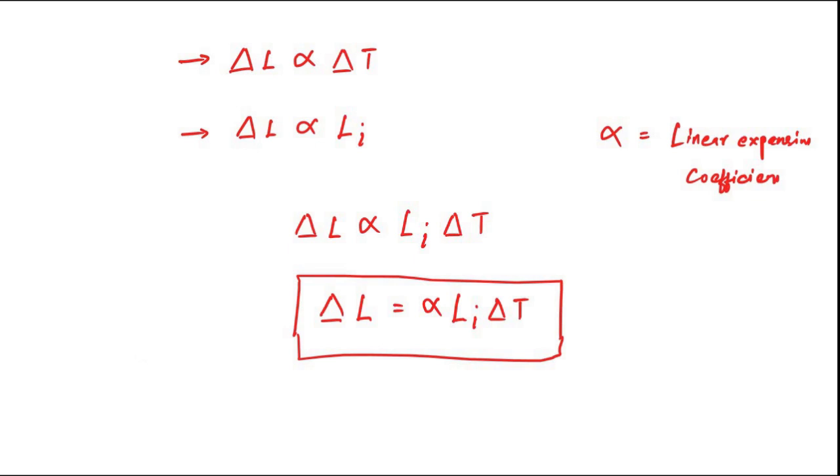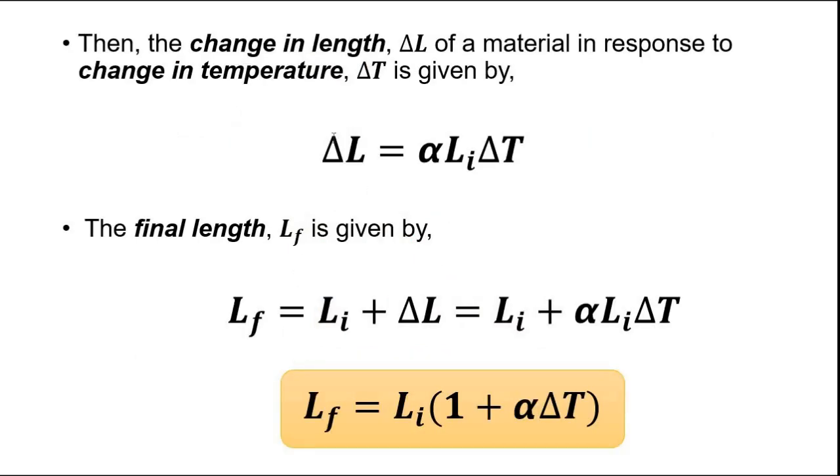The change in length is given by alpha Li delta T, directly proportional to the initial length, directly proportional to the change in temperature or increase in temperature, and alpha is the proportionality constant.